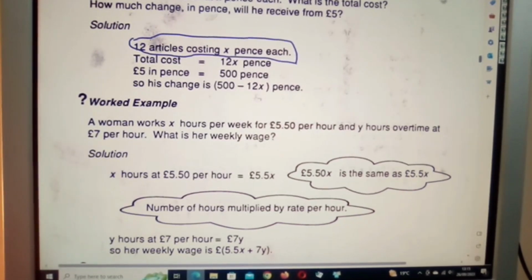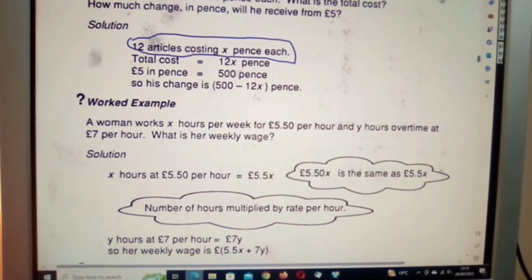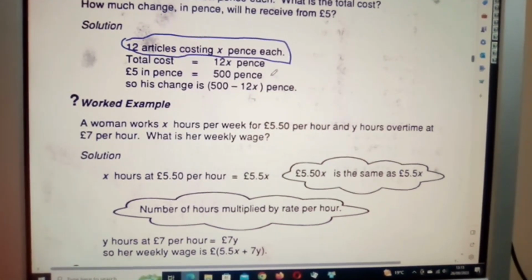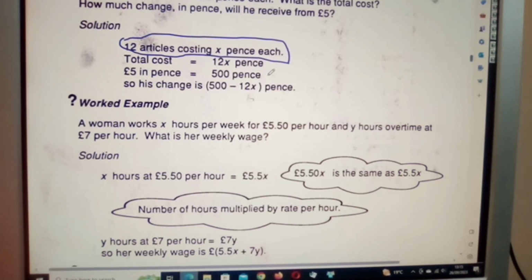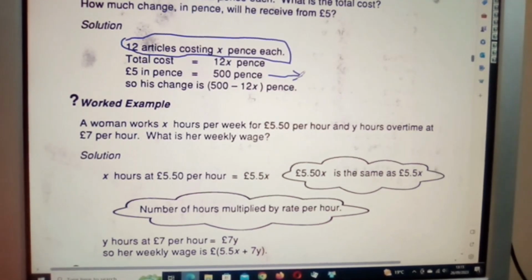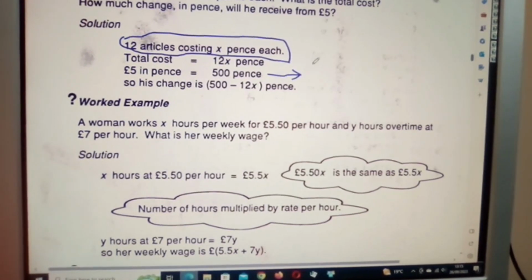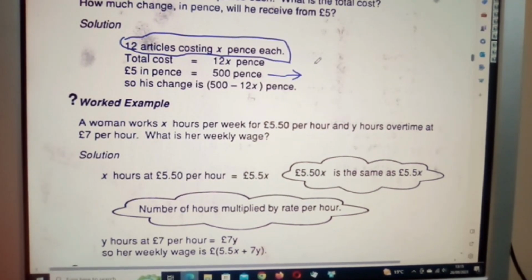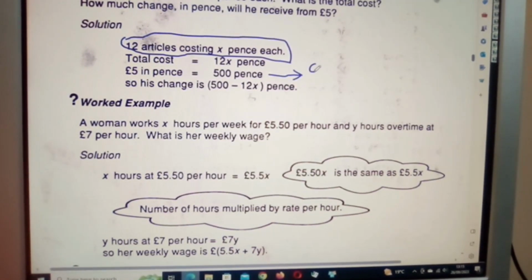How much change in pence will he receive from £5? Right, so we have £5 in pence. £5 equals 500 pence. So we convert this to pence.